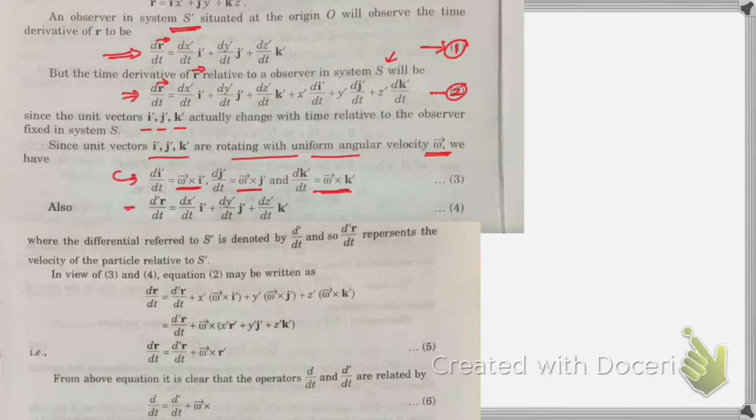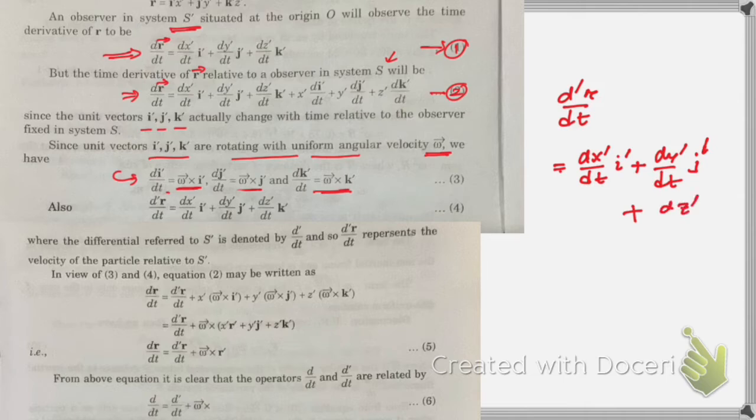Here you can see d dash by dt of r vector is given by dx dash by dt, dy dash by dt. Let me write it cleanly so that you can recognize. d dash r by dt is equal to dx dash by dt i dash, plus dy dash by dt j dash, plus dz dash by dt k dash.